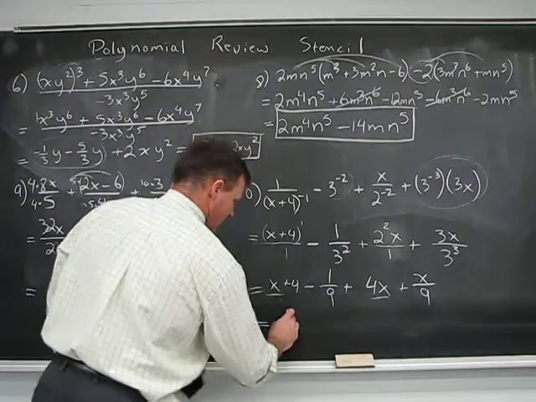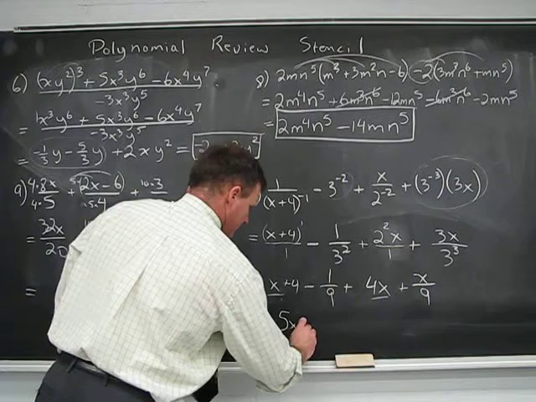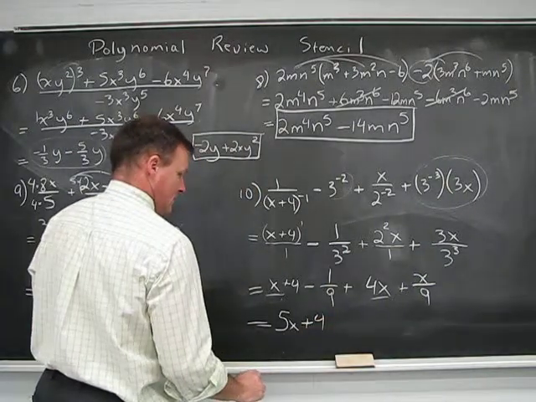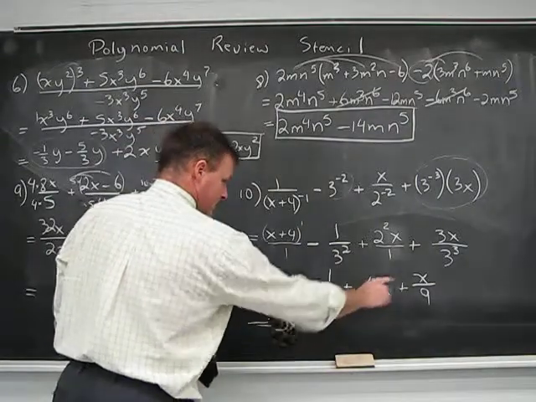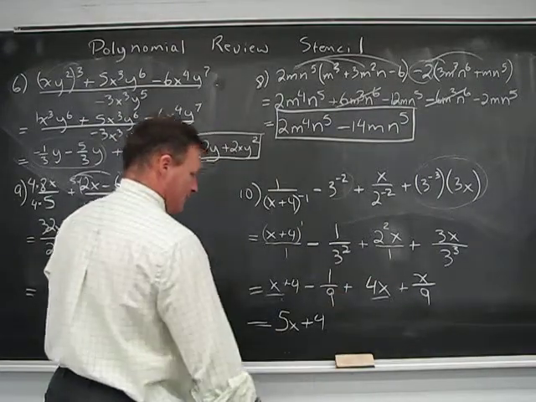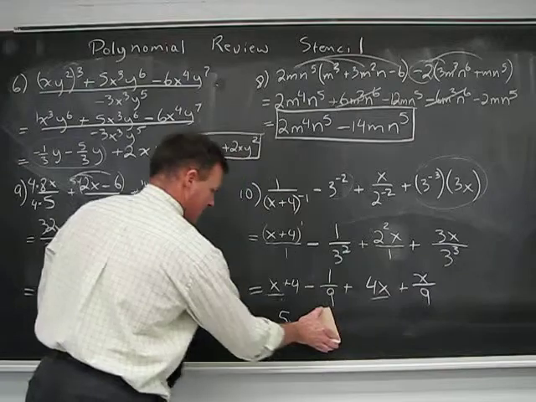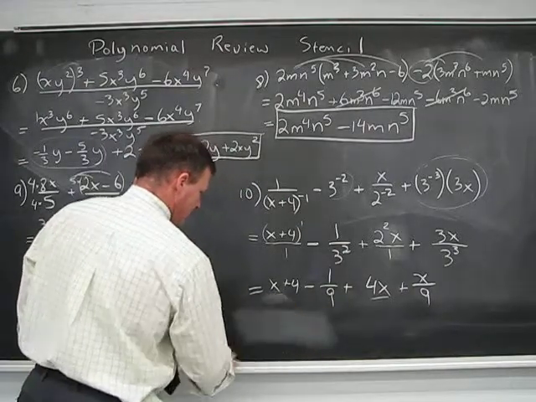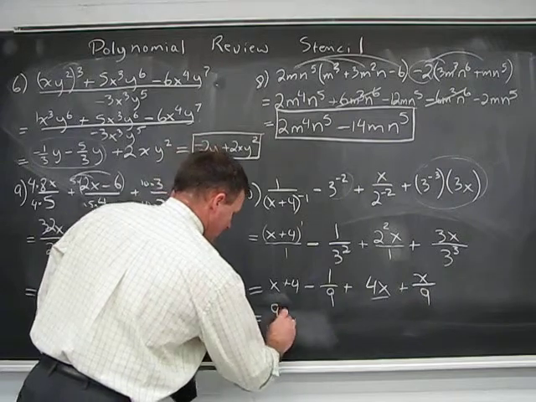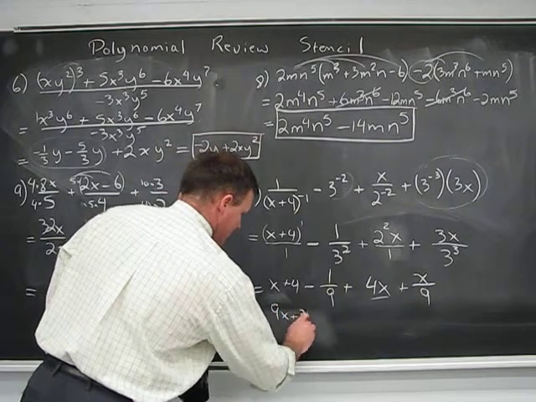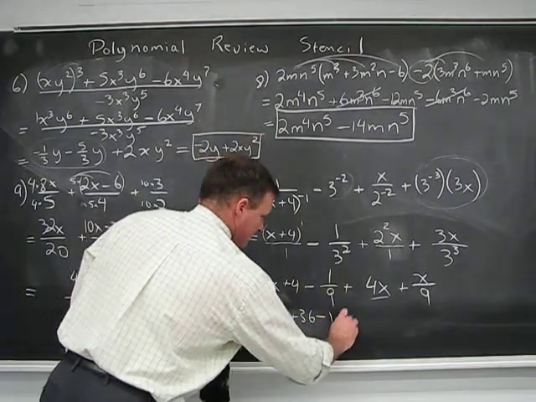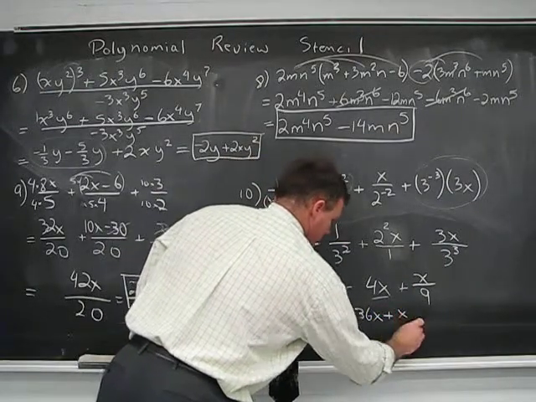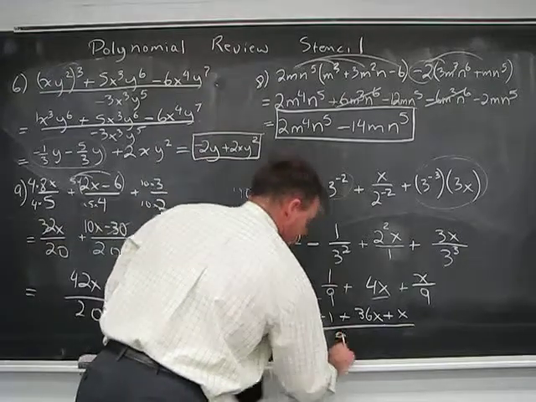And so, let's see what I can do with this. x plus 4x, that's 5x. Plus 4, and negative 1/9 plus x over 9. I should have got a common denominator for the whole thing. Okay? So that's going to be 9x plus 36 minus 1 plus 36x plus x all over 9.